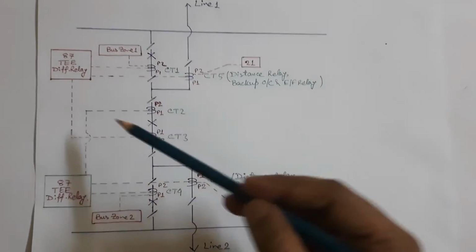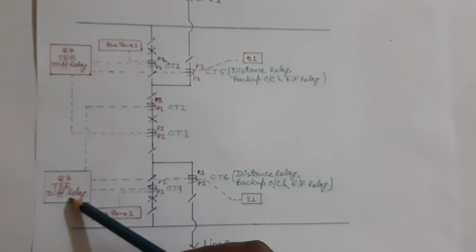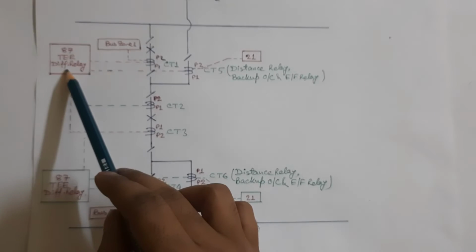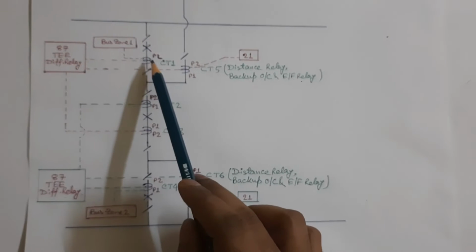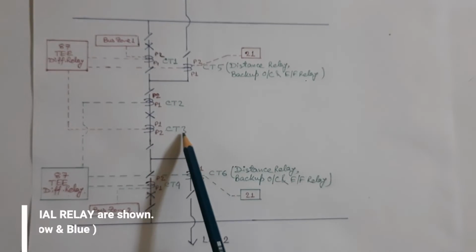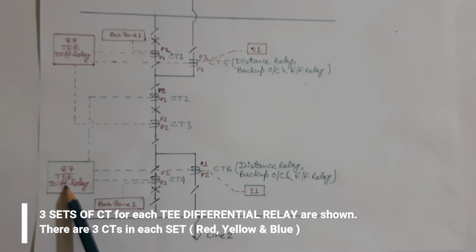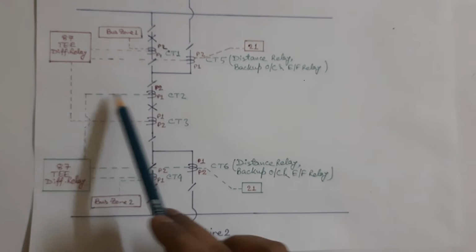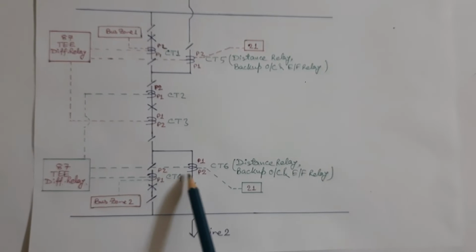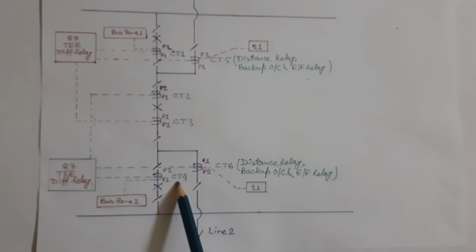In one diagonal, there are two T differential protections, and this T differential protection is connected with CT1, CT3 and CT5, whereas this differential protection is connected with CT2, CT6 and CT4.